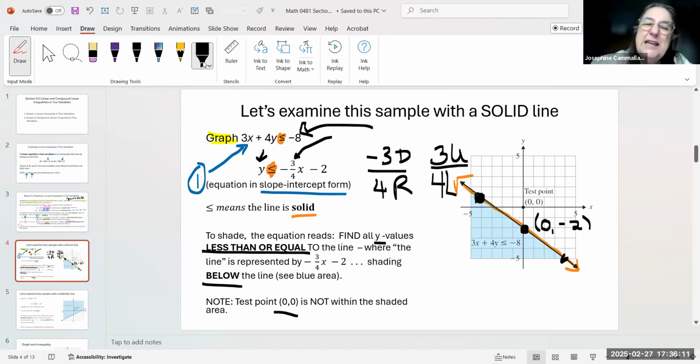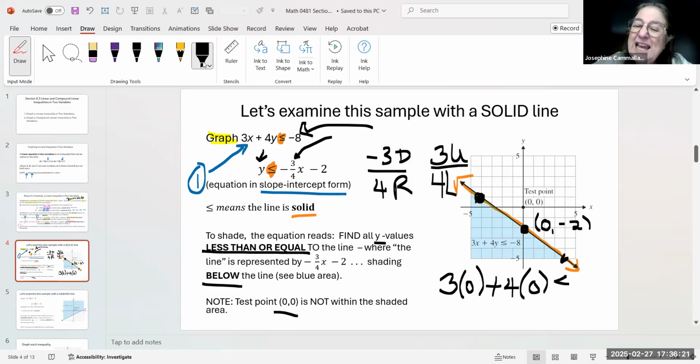If I come back up to here, 3 times 0 plus 4 times 0, is that less than or equal to -8? I don't think 0 is less than or equal to -8, which means where I shaded in blue is correct.